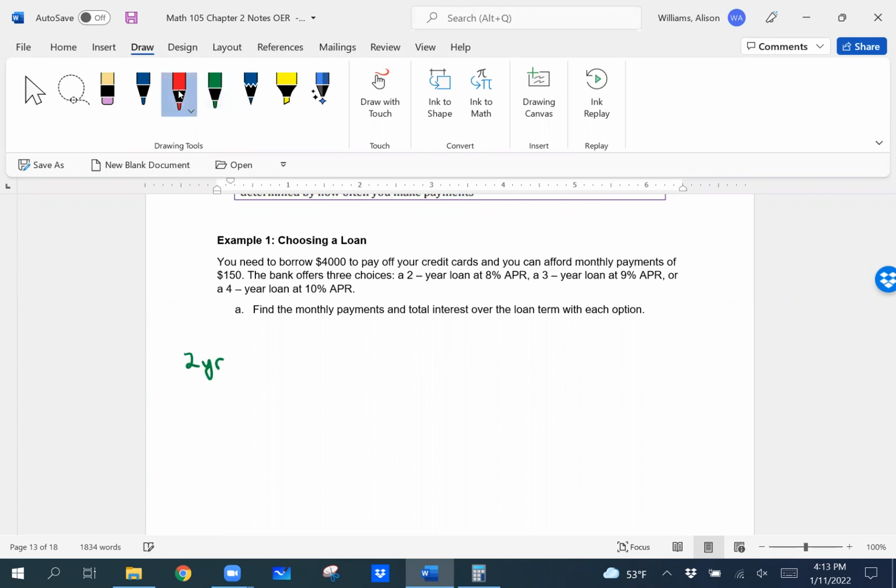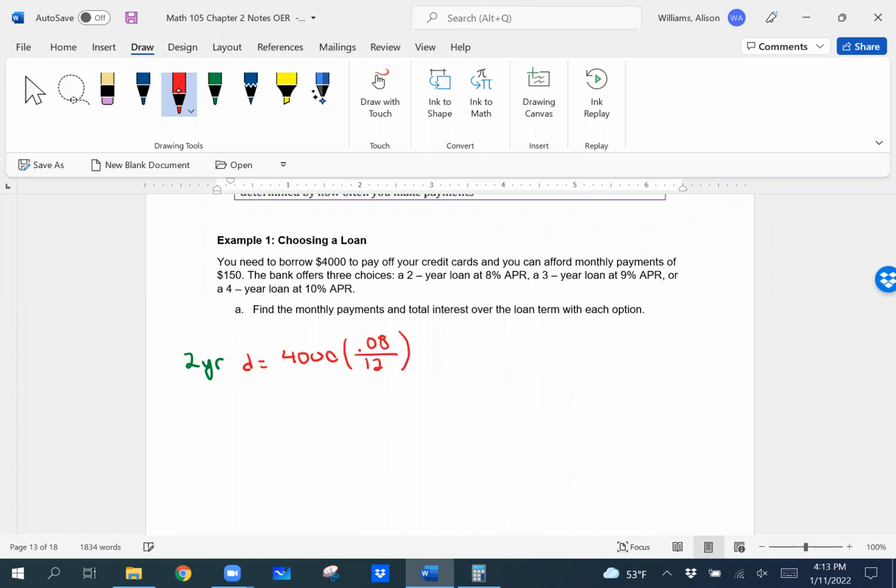I'm not going to write the formula; I'm going to let you look at your printout and use that. So D is going to equal 4,000 times, the first one at 2 years is 8%.